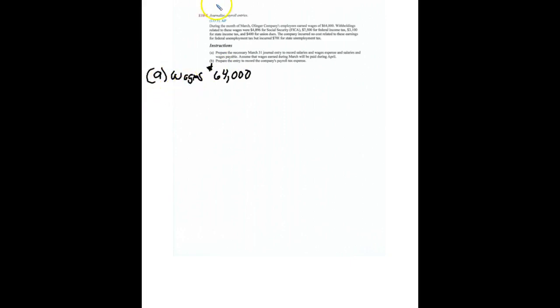In those wages, the employee has to pay FICA, and so as employer, we will withhold that from their salary, and then we turn that over to the government. There will be federal FICA, which is Social Security, and so we have to hold that back. We do not give that to the employee. We will subtract that from the amount we're going to write a check, and then we turn around and pay this to the government. It also tells us that we're going to withhold for federal income tax, and that was $7,500.